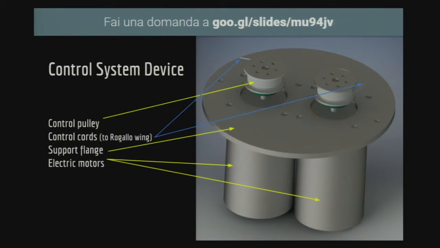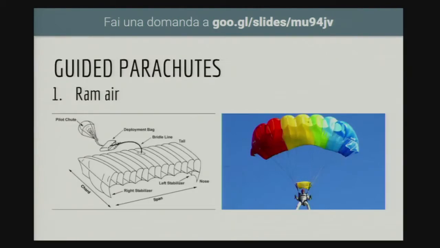To have a control-guided parachute, I should have an electric part that gives me the possibility to maneuver it. So I will show you different kinds of parachutes which also have the lift component of the aerodynamic force, and not only the drag one.